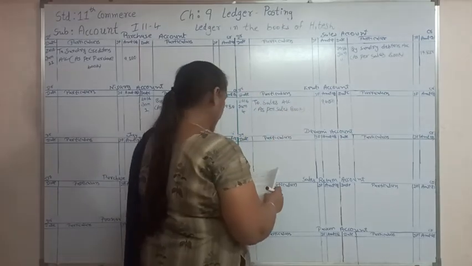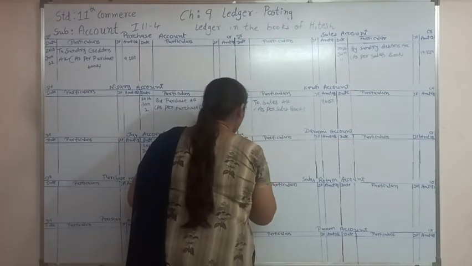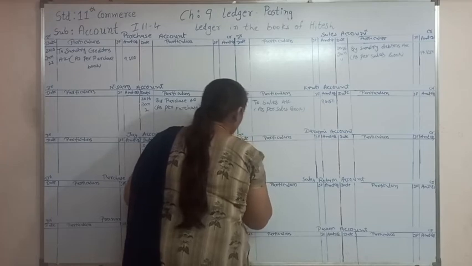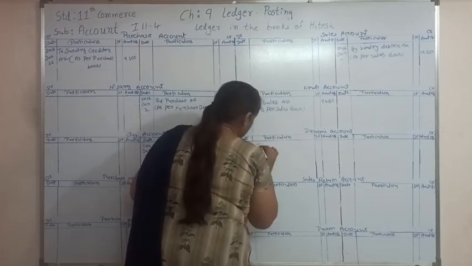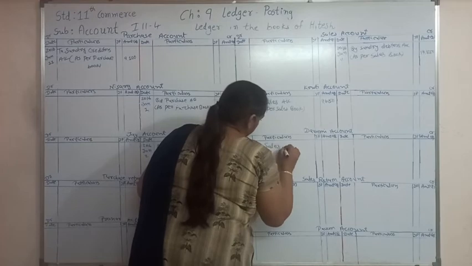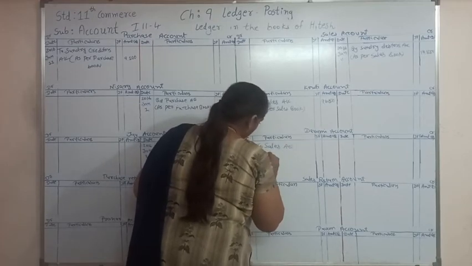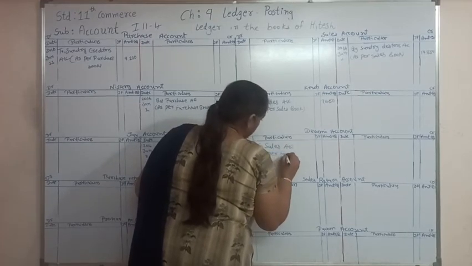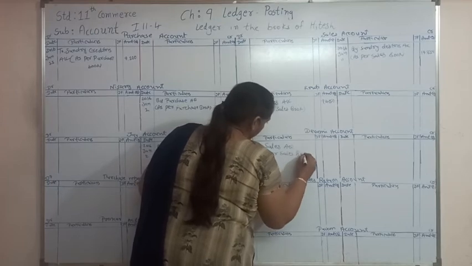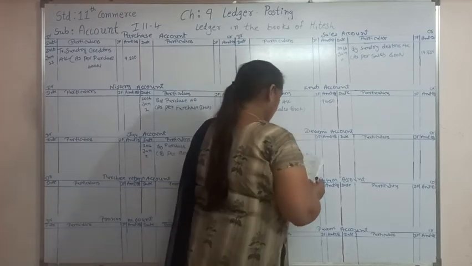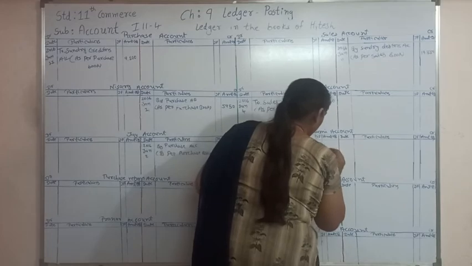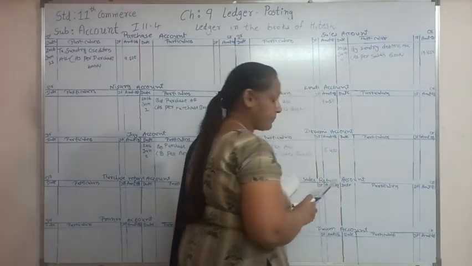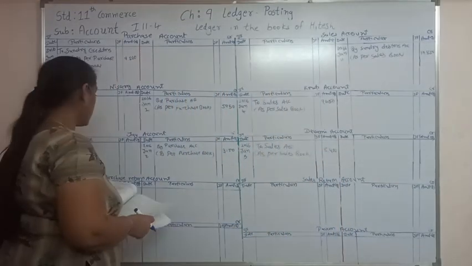And the next is Devami. Devami has purchased goods from us on January 5th to sales account as per sales book, and the amount will be 8,400.